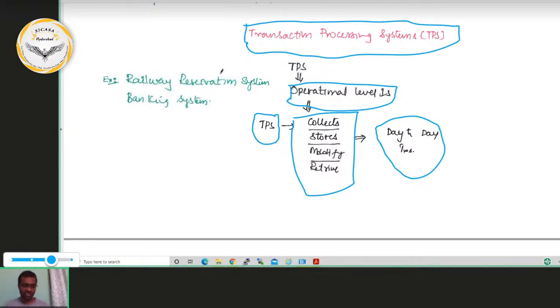An example for TPS is a railway reservation system, banking system, etc. So what do you mean by TPS? TPS is nothing but a low level information system which is required for the purpose of collecting, storing, modifying and retrieving day-to-day transactions.